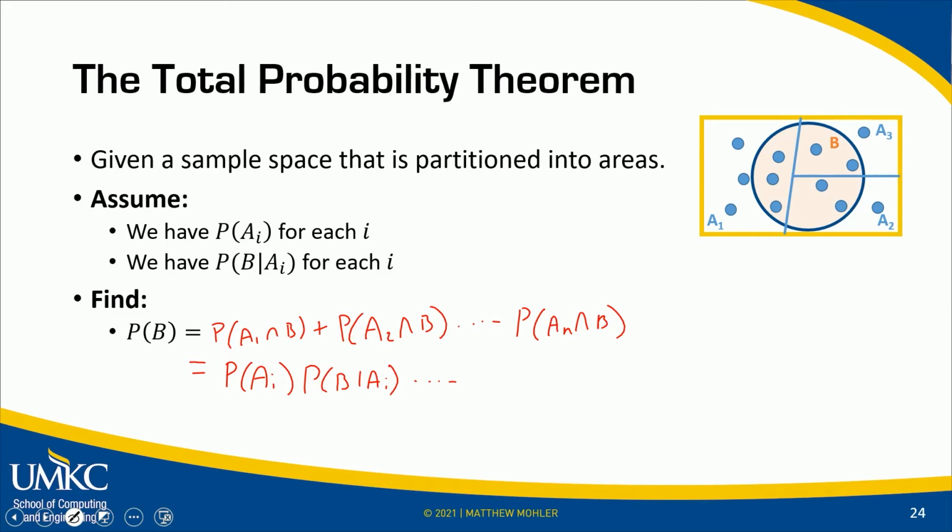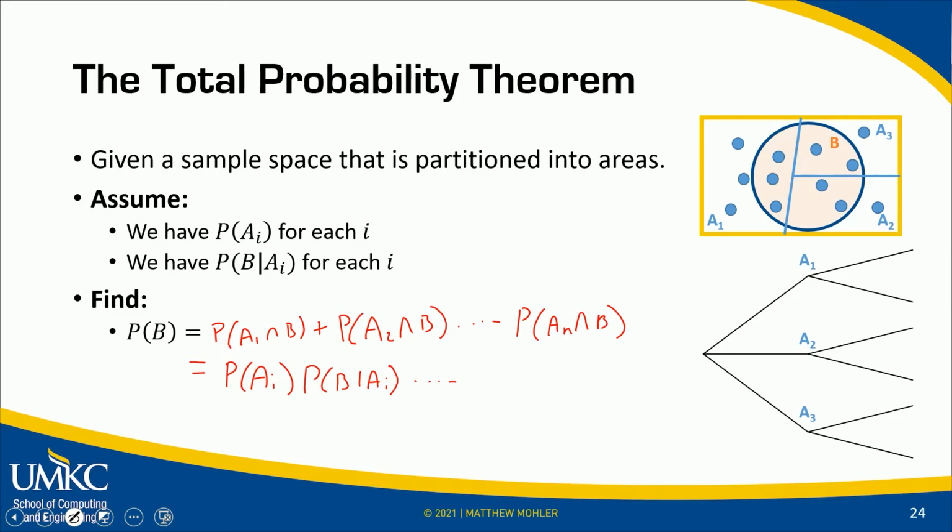Now, another way to look at this and kind of reinforce that this works is through a tree diagram, right? If we've said that this is the probability here of A sub 1, and this is the probability of A sub 2, and the probability of A sub 3, then we know that this is the probability of B given A sub 1, probability of B given A sub 2, and the probability of B given A sub 3.